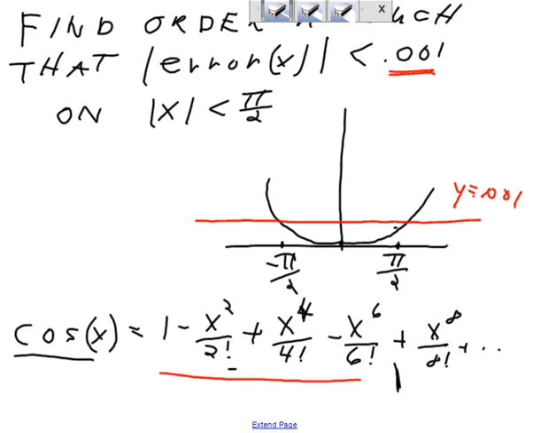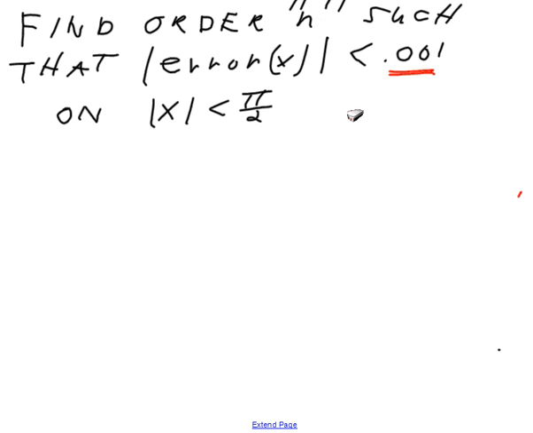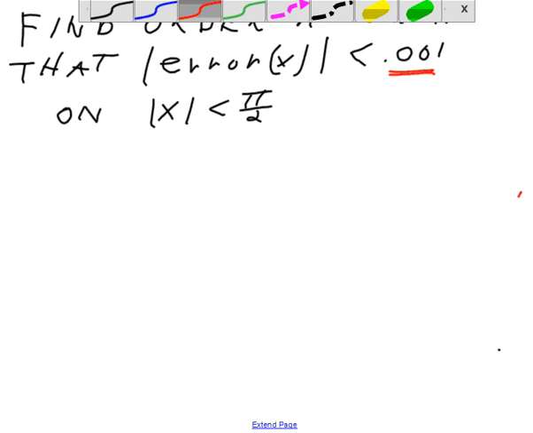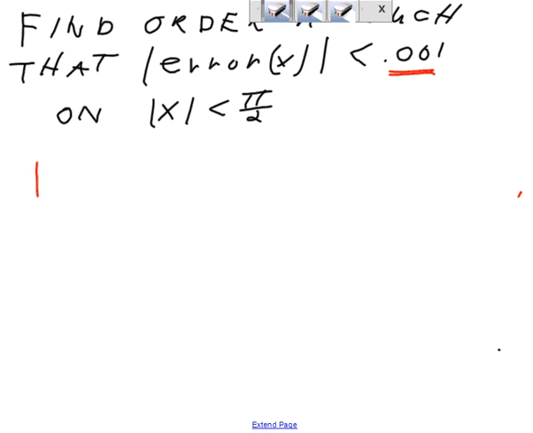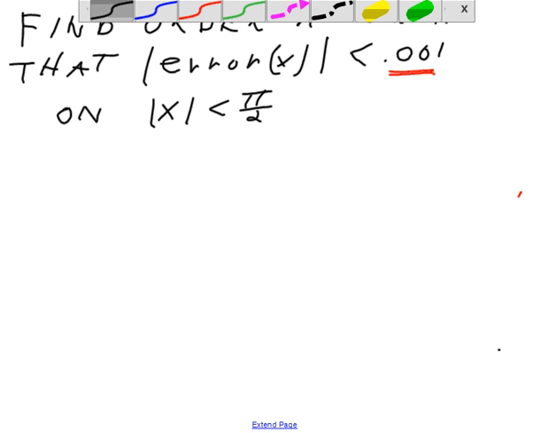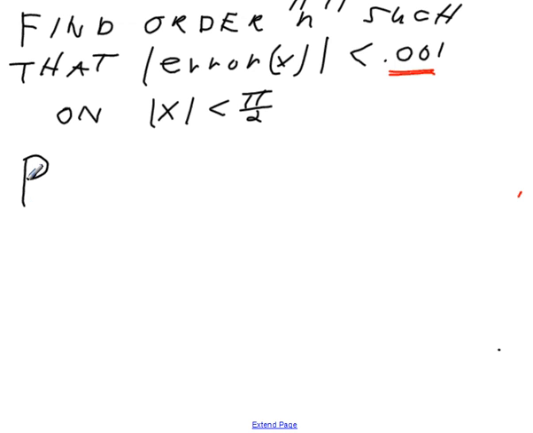Remember, that's kind of a complicated beast we're trying to understand. Now, the remainder theorem is going to say the following. The remainder after n terms is going to be equal to the next derivative.